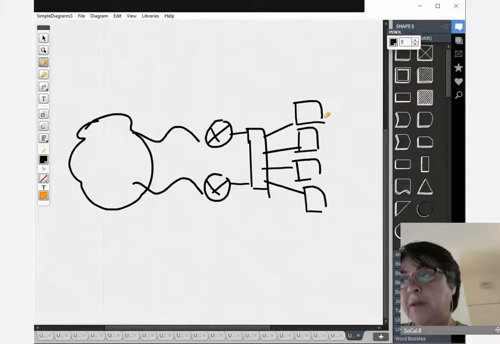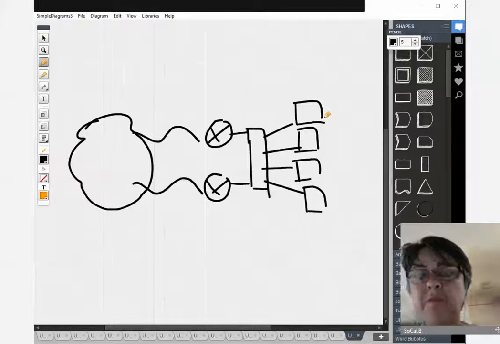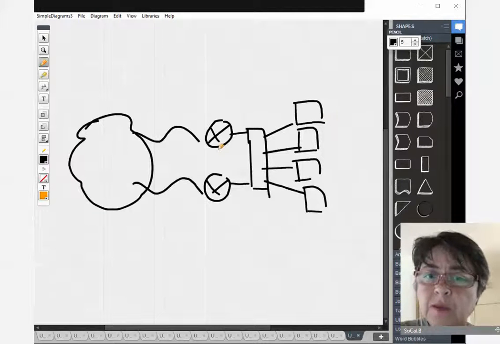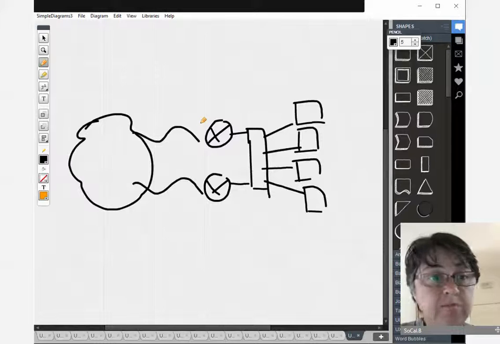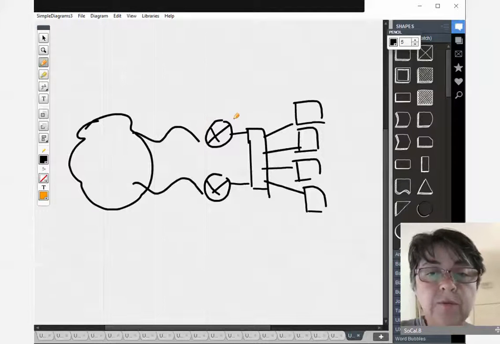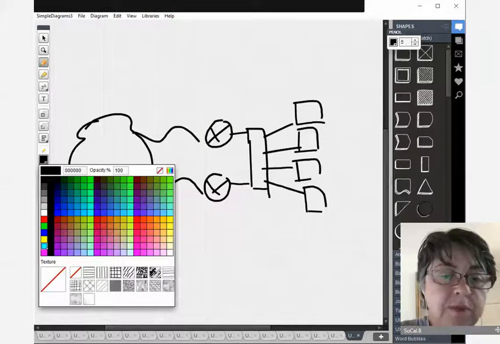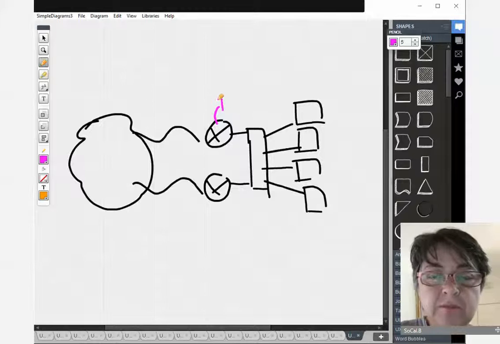These two routers have two different IP addresses, obviously. So let's say this one is R1 and this is R2.